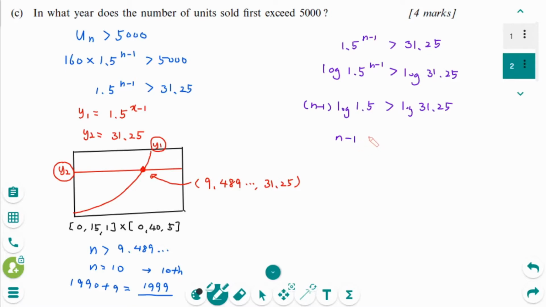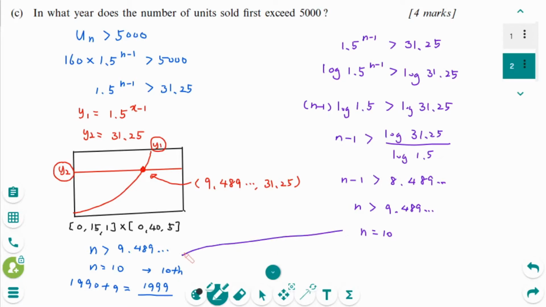N minus 1 is greater than log 31.25 over log 1.5, which is 8.489 something. Then n is greater than 9.489. So n equals 10. You can solve it this way. Then back to the original.